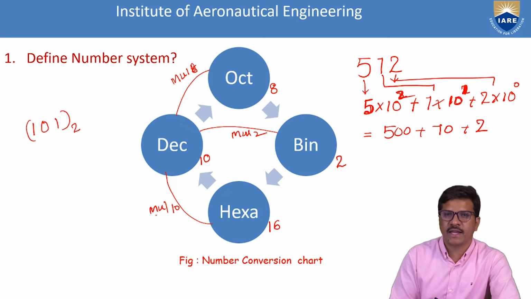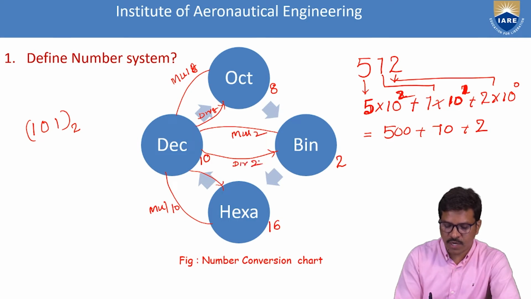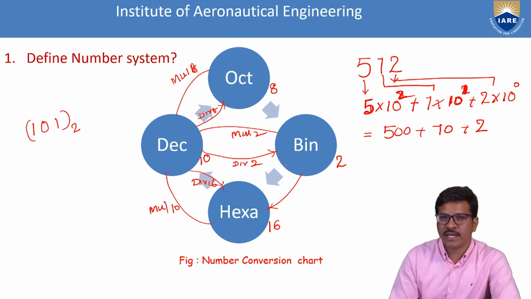From decimal to any number system, we use the successive division method: by 8, by 2, by 16. And then binary to hexa, hexa to binary.